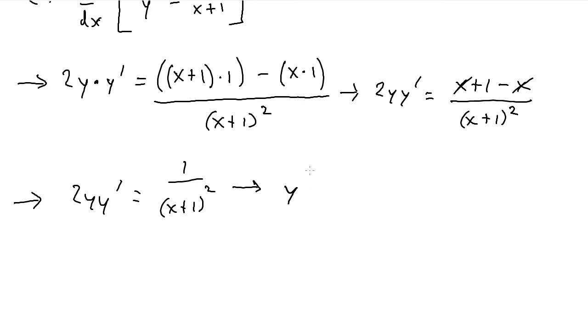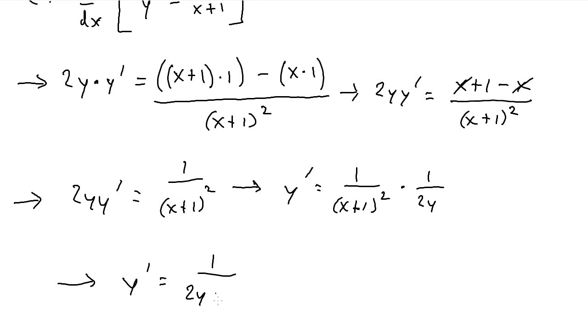So we get y prime equals 1 over x plus 1 squared. And if I'm multiplying by 2y here, I've got to divide by 2y. Dividing by 2y is the same thing as multiplying by the reciprocal, so multiply by 1 over 2y. And so the final answer, y prime, or dy dx, is going to be equal to 1 over 2y times x plus 1 squared.